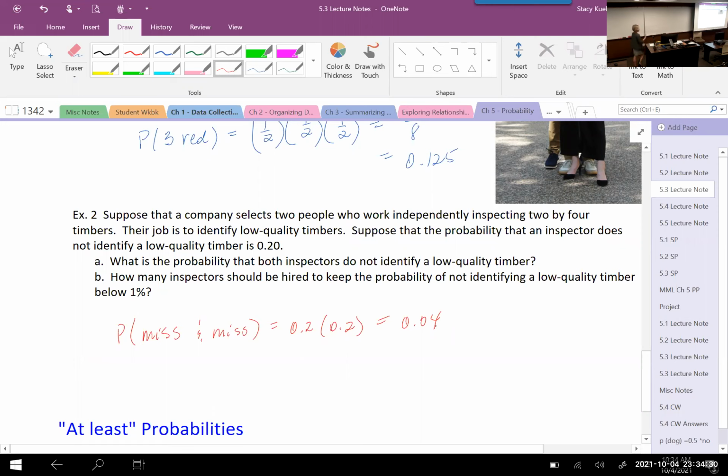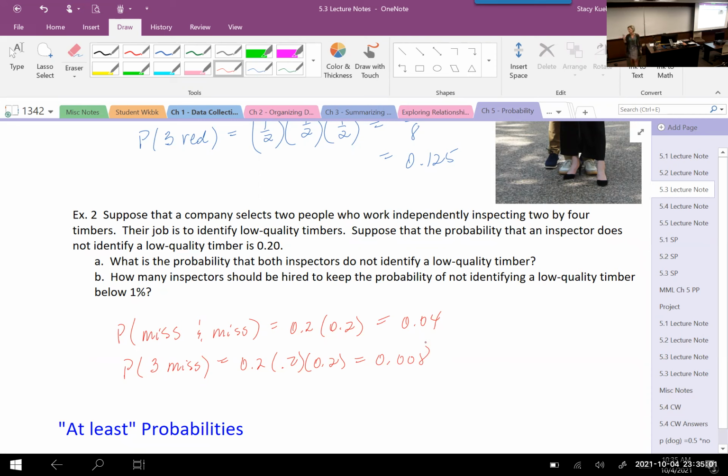Because you just went for it and multiplied what would happen if I add another guy into it, right? So the probability of 3 misses would be 0.2 times 0.2 times 0.2, which is 0.008, which is less than 1%. That's 0.8% if I move the decimal place over.